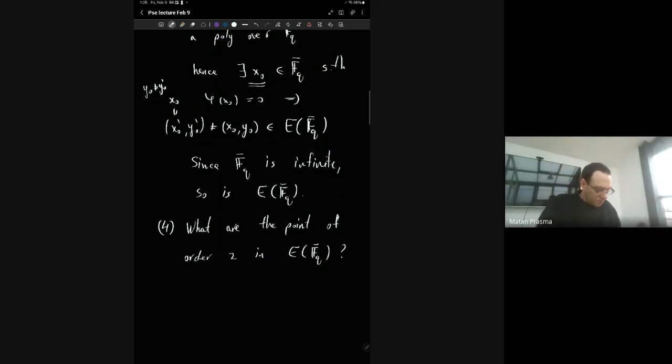So a point of order 2 means some P in E of Fq bar such that 2P is equal to 0.